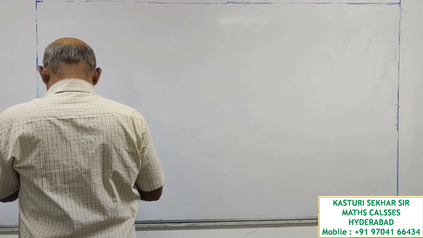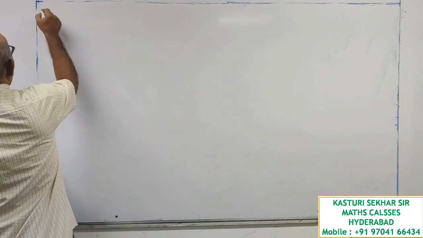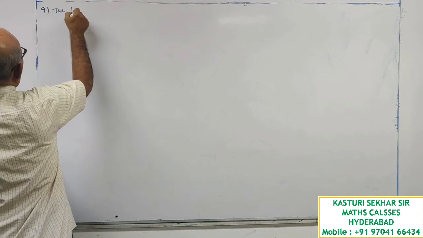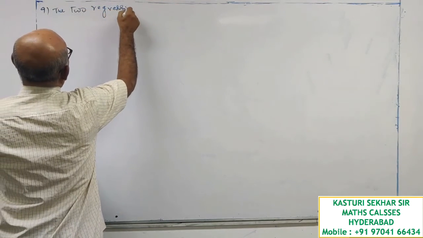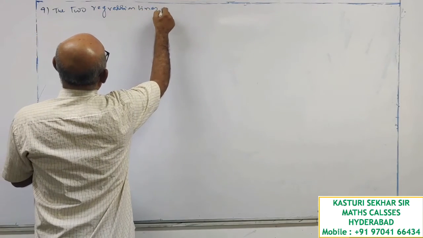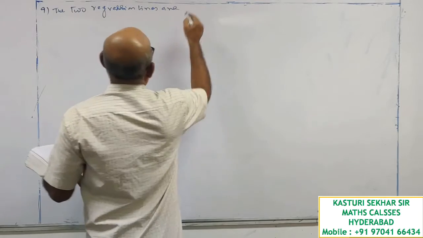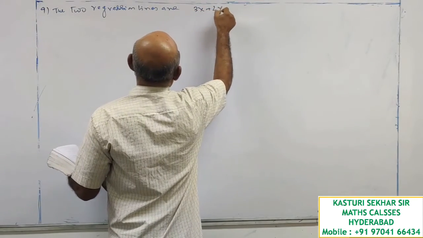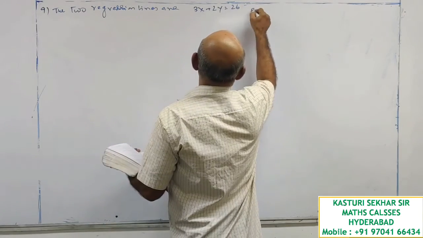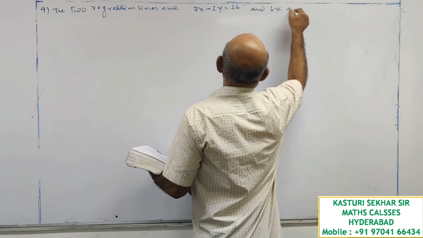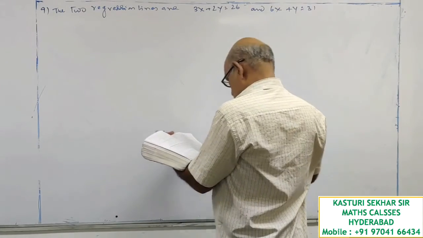The two regression lines are 3x plus 2y is equal to 26 and 6x plus y is equal to 31.